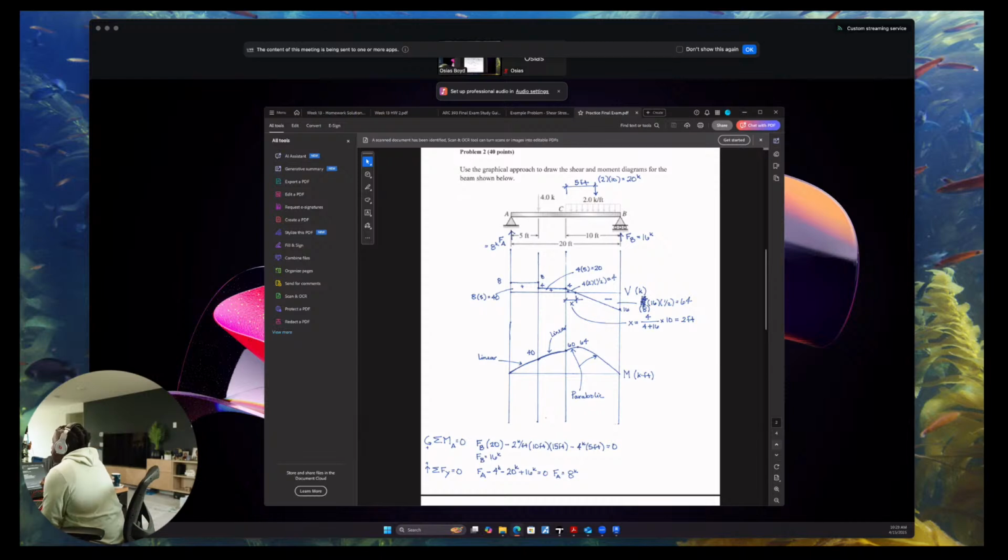All right, and so because we have 8 kips between 0 and 5, and then we have a downward slope of 4 kips.